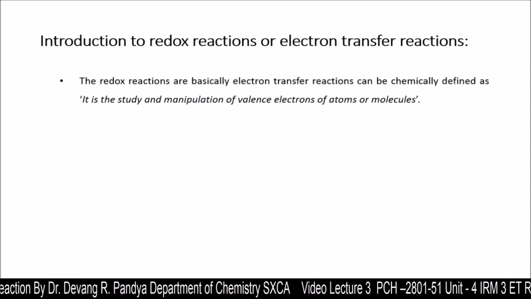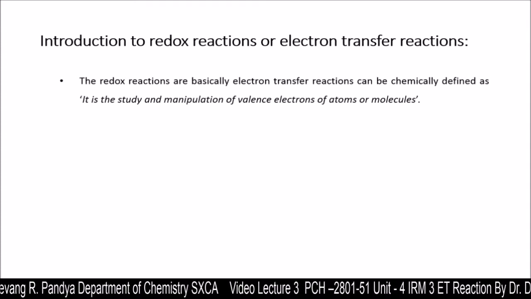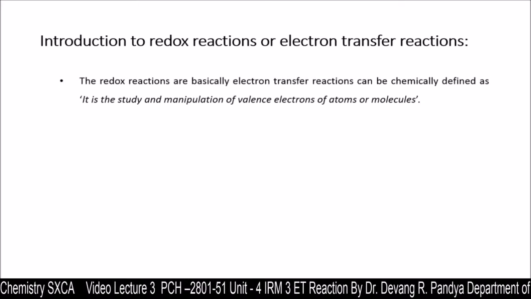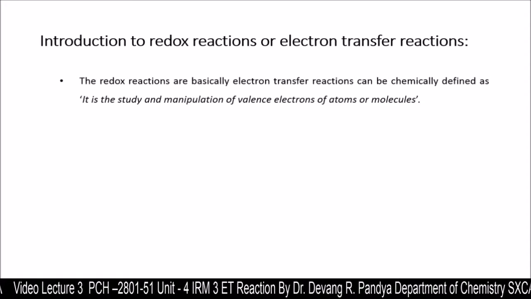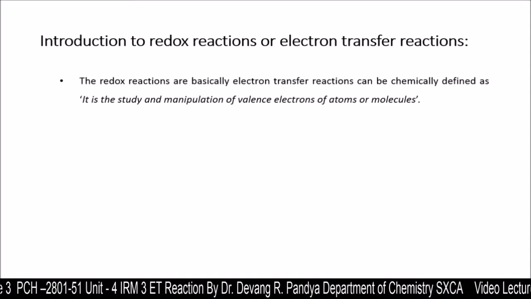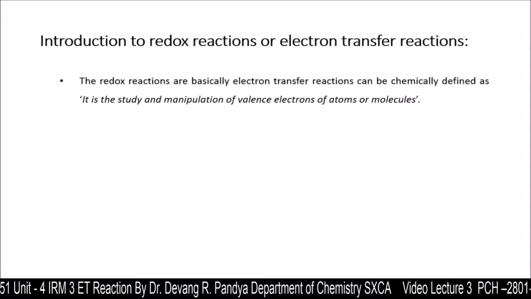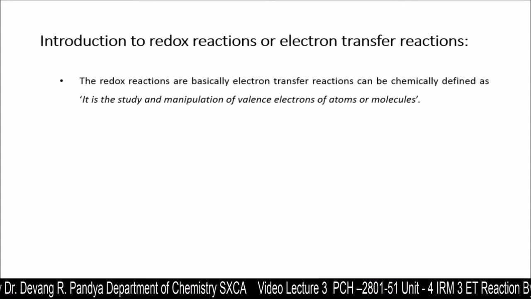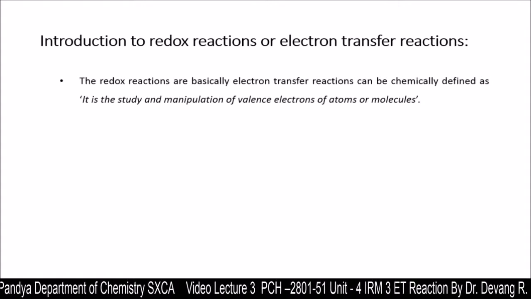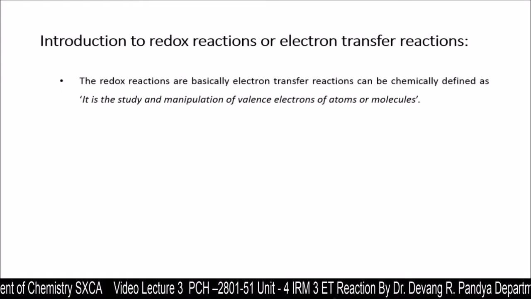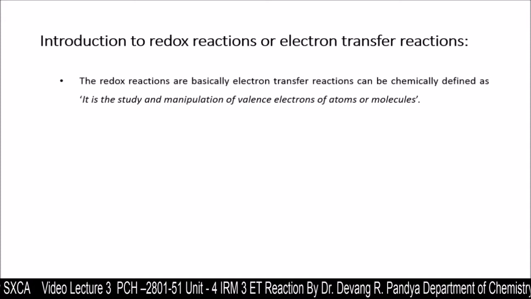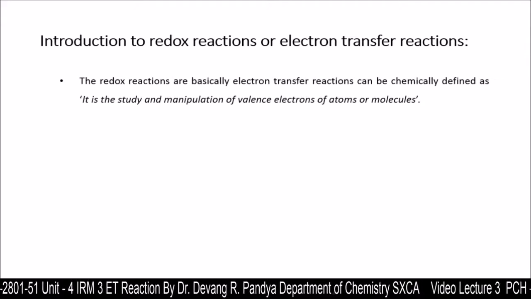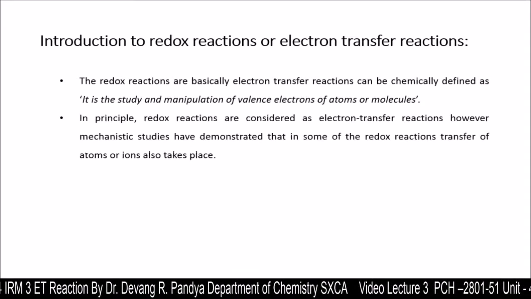So here the valence electron which remains in an atom or molecule is going to be transferred, and certain other rules and regulations apply in this reaction, because this is not a simple redox reaction like a metal losing an electron and a non-metal gaining an electron. Here there are certain conditions which will facilitate this kind of electron transfer reaction in complex transition metal complexes.